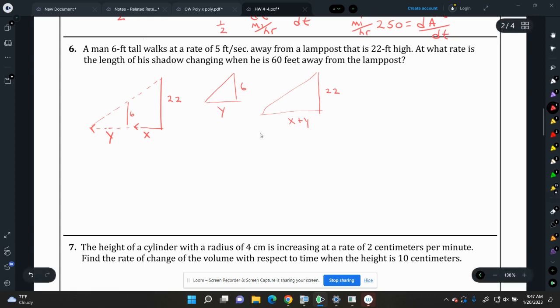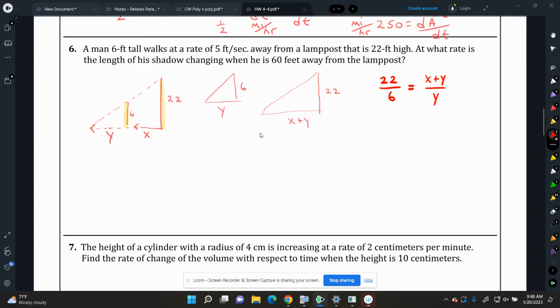So I've got the ratio of these two sides, right? 22 to 6 equals, okay, let's look at the ratio of, yeah, exactly, x plus y to y. Okay, I'm going to pause and I'm going to let you continue on that one now.